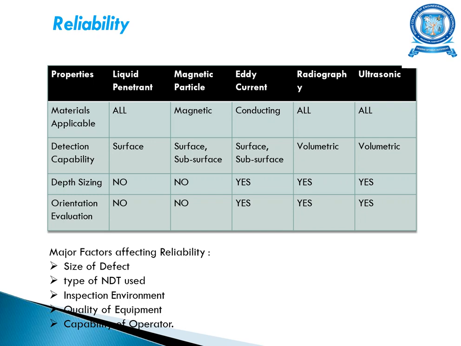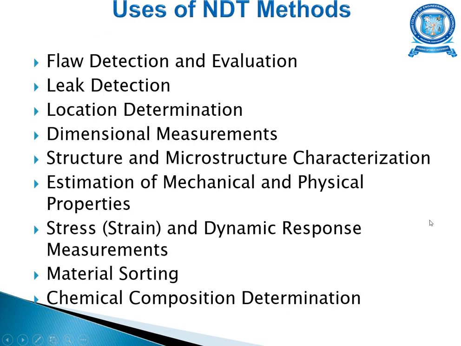So the following are the major factors that affect reliability: the size of the defect, the type of non-destructive testing method used, the inspection environment, the quality of equipment, and the capability of the operator.